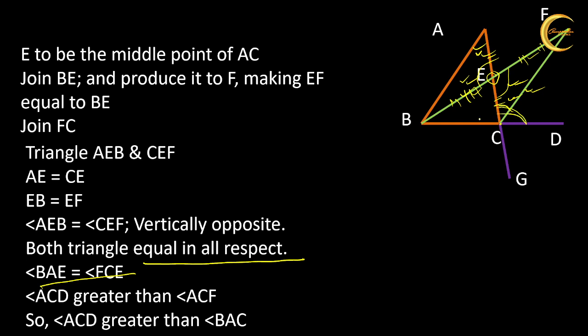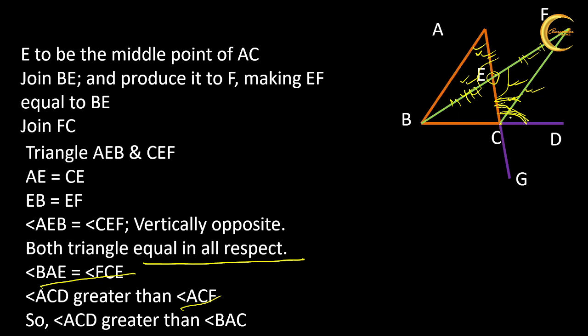And so we can say this is the angle ACD. This total angle ACD is greater than this ACF. Here we can easily understand this ACF angle is less than this ACD angle.